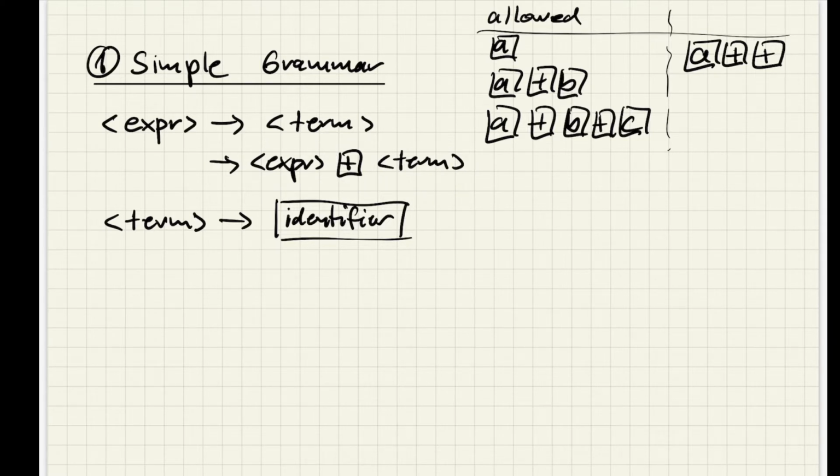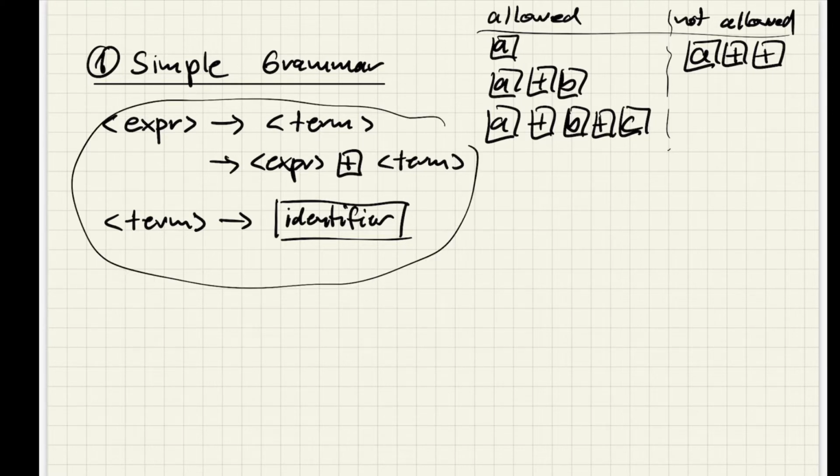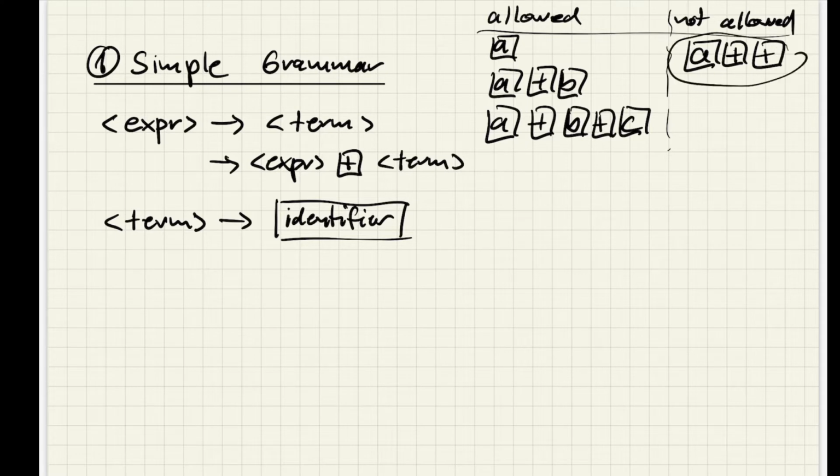And now we can check that, for example, here I should have written not allowed: you can produce all these sequences of tokens with these rules, but you cannot produce the sequence A plus plus. And this is the first step to see how a parser, if a parser can somehow implement these rules, could give us here a syntax error.